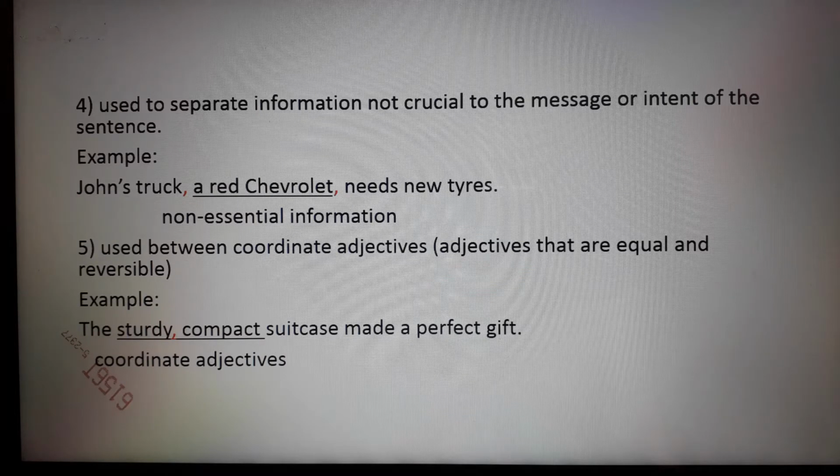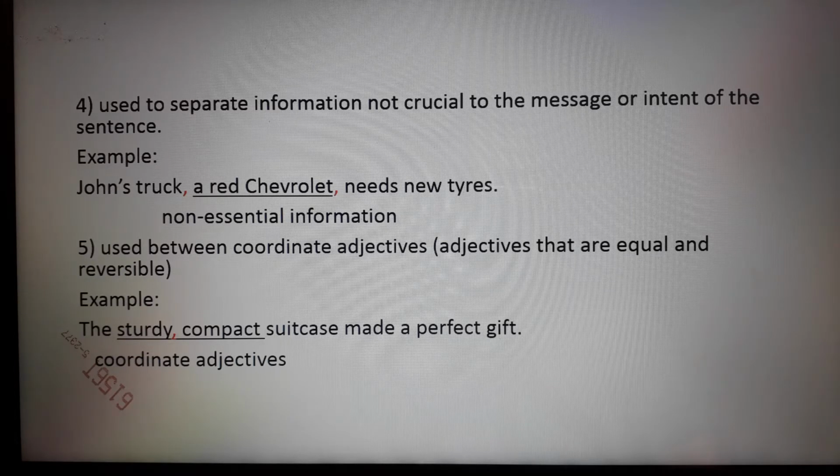Okay? A comma is also used between coordinate adjectives. Coordinate adjectives are adjectives that are equal and reversible. The example is, the sturdy, compact suitcase made a perfect gift. So you have here two adjectives, coordinate adjectives, sturdy and compact.